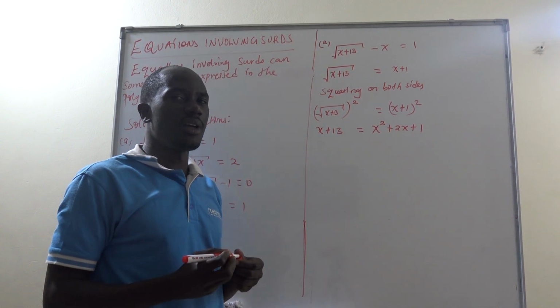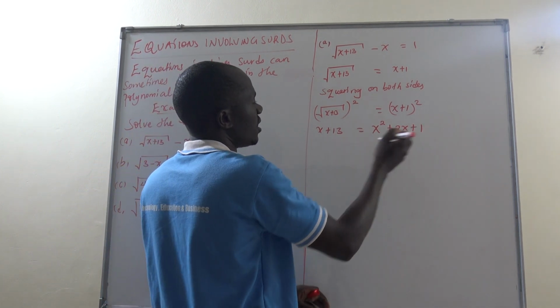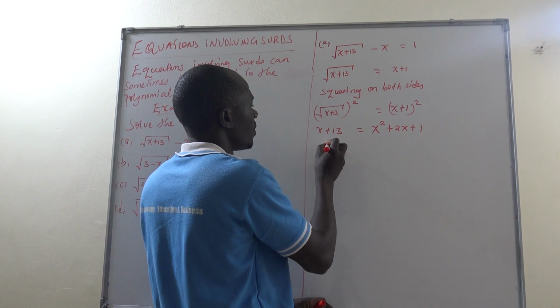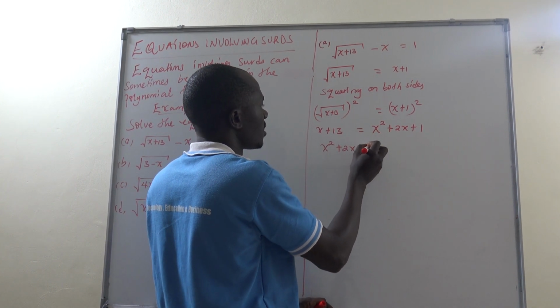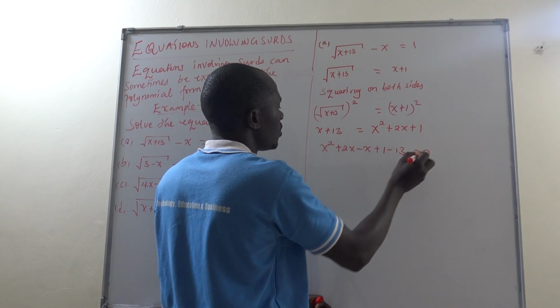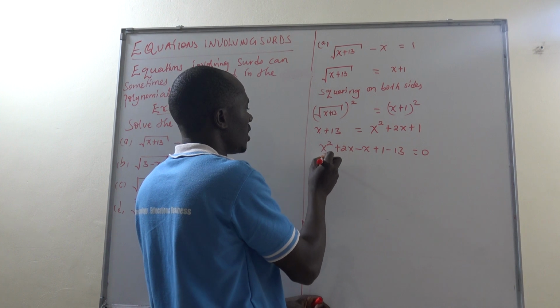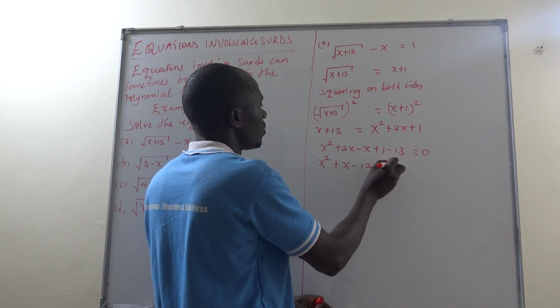Then we arrange that equation very well, taking these terms to the other side. We are going to have x squared plus 2x minus x plus 1 minus 13 equals 0, so x squared plus x minus 12 equals 0.